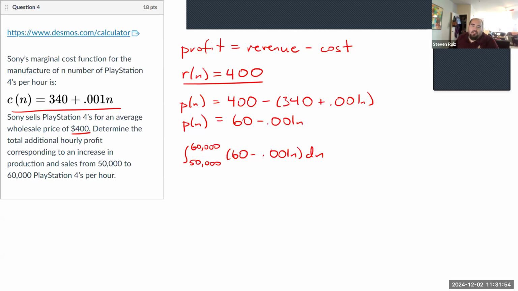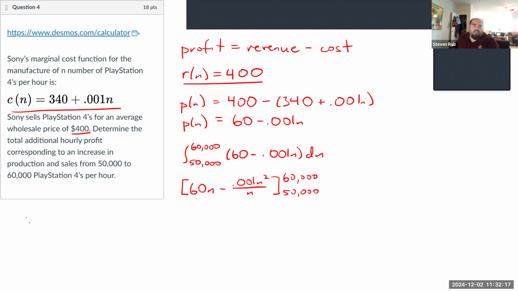So the antiderivative here is going to be 60n minus 0.001n squared over 2. And we're going to evaluate that from 50,000 to 60,000.